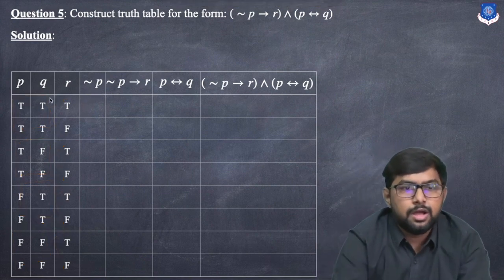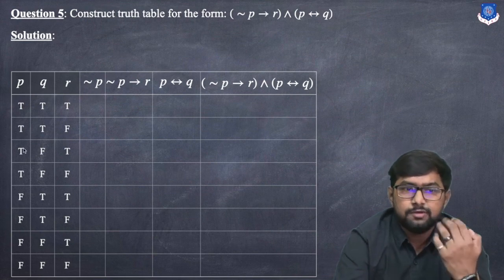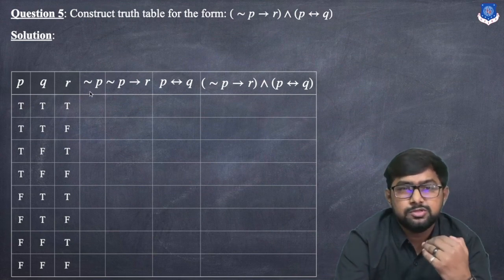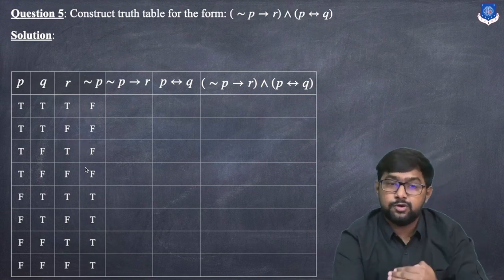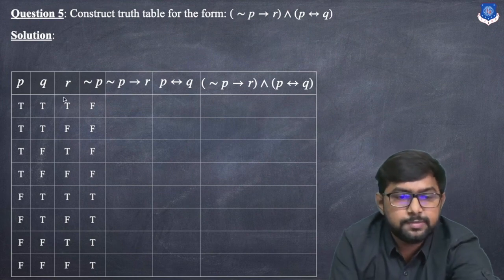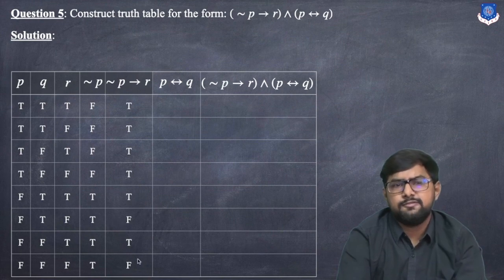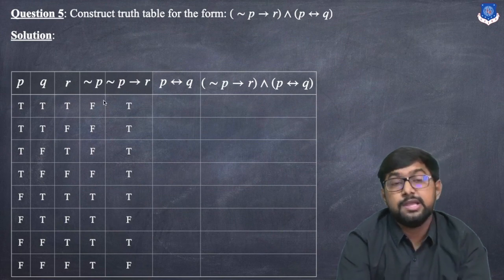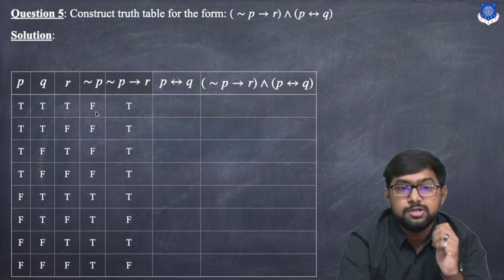Now see, what will be not P? T four times and F four times, so not P will be FFFF and four times T. Then not P implies R. We consider the fourth column and R. We need to just consider the conclusion part.